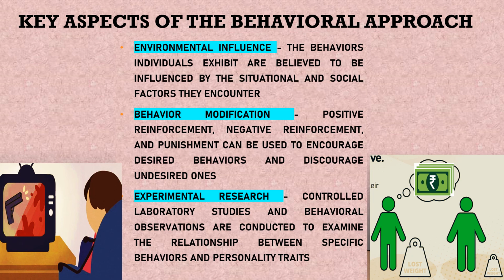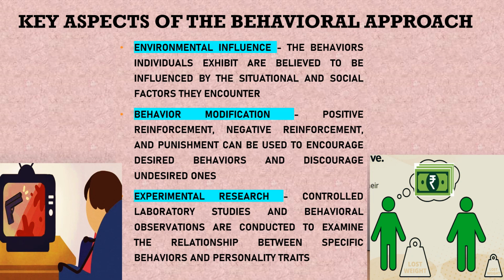For example, a child growing up in a nurturing and supportive family environment may develop prosocial behavior such as sharing and empathy. And being exposed to violent media content may increase the likelihood of aggressive behavior in individuals. So, the environment can influence one's behavior.